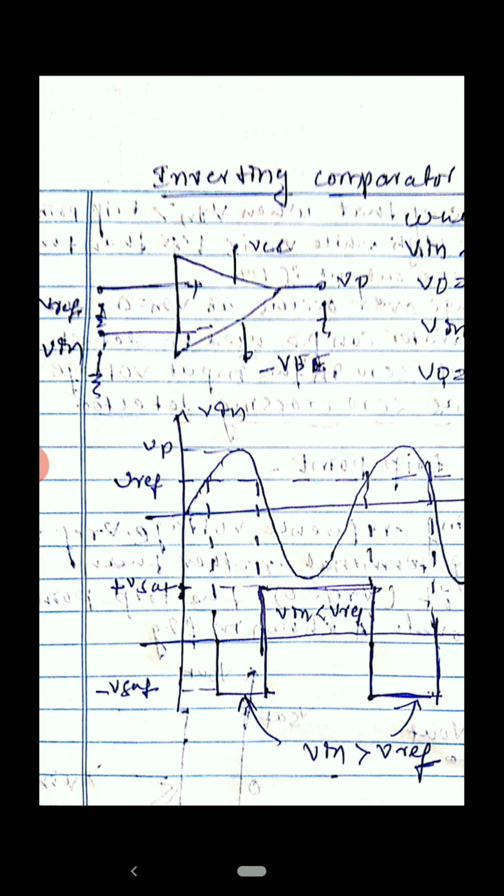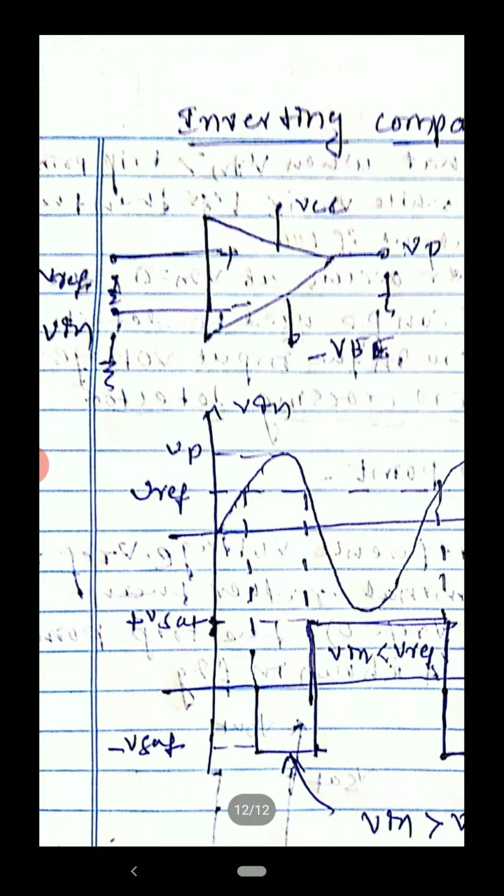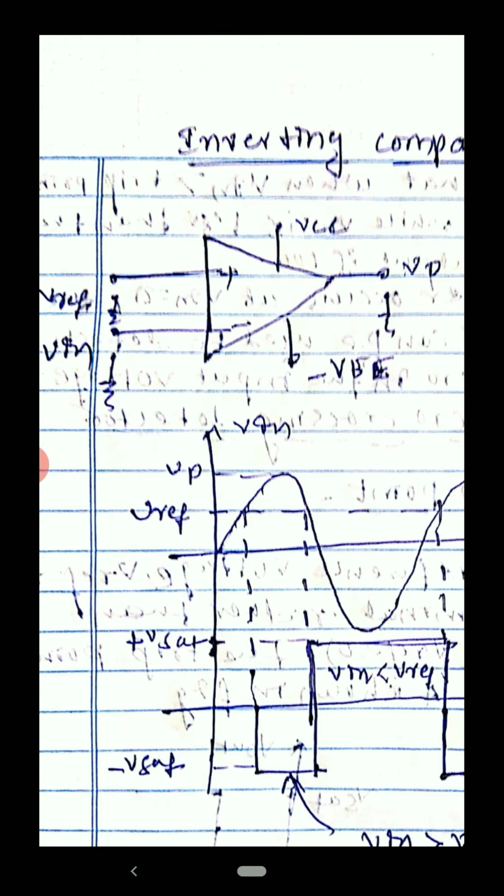How? Say for example V reference is 0. Okay, what happened in the non-inverting comparator? I am talking about non-inverting. When V input is greater than V reference, that is greater than 0, output is plus V saturation. When V input is less than V reference, output was minus V saturation, right? Now in the inverting comparator, what happens? When V input is greater than V reference, instead of plus V saturation, output will be minus V saturation.